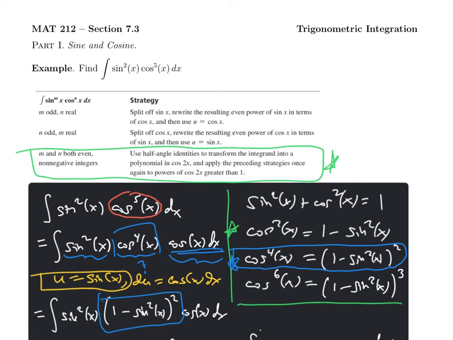So we do know how to do that, and basically for any case where you have both numbers even, you'd have to do that same process, and it can be a little arduous. And since we are on a sort of abbreviated semester, we won't see any complicated versions of that, but you at least have seen what you would have to do in terms of substituting using a double angle formula and so forth. All right, so that's the basic idea.